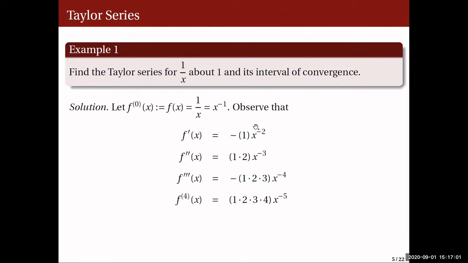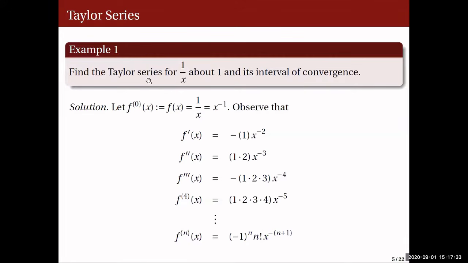Also, for the exponent of x, we have negative 2, negative 3, negative 4, and negative 5. Keeping up with this pattern, the nth derivative of f is negative 1 to the n times n factorial, x raised to the negative of n plus 1, where n is the order of the derivative of f.